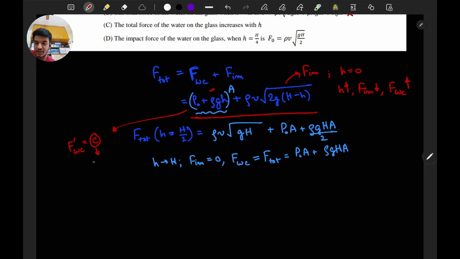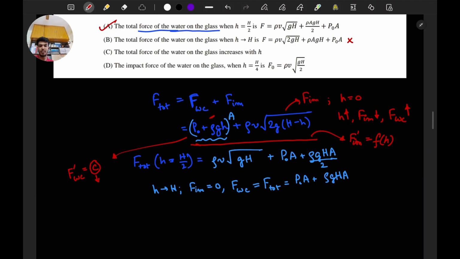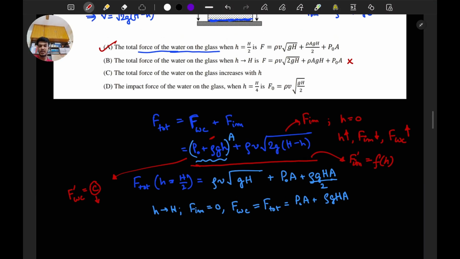This is my rate of increase of F_WC. The other is not a linear function, so its derivative would give me something as a function of h only. So you can easily see that at some point, the rate of increase of the water column would be equal to the rate of decrease of the force of impact at some particular height h.